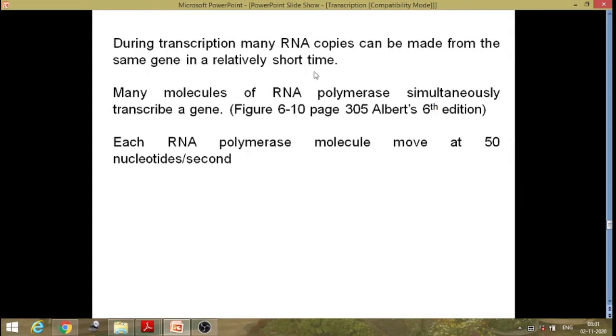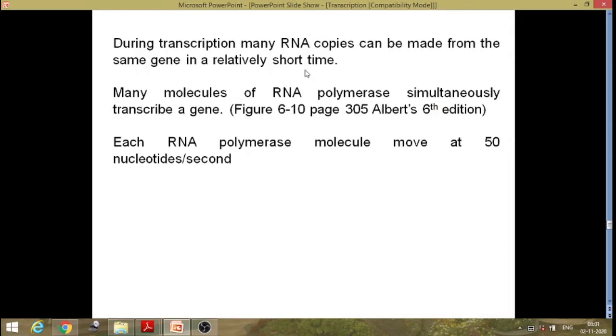That means it is not that RNA polymerase would bind the promoter region, carry out transcription process, and when the transcription of one RNA molecule is complete, it would leave the termination site and then again bind the promoter region and then again carry out the transcription of one RNA molecule.